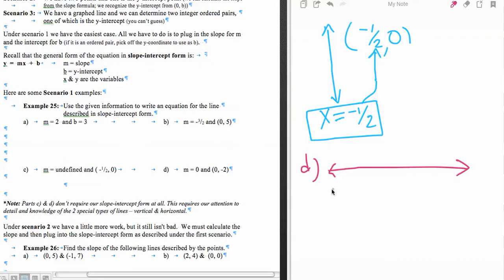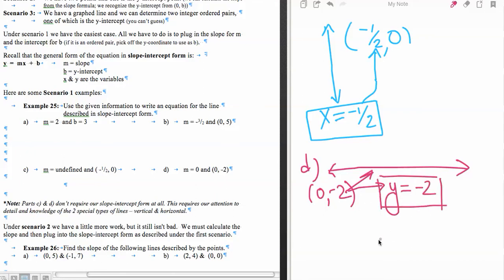And then once we see that our line is horizontal, it doesn't matter if we're given the y-intercept or not. We could be given any ordered pair, but when we know it's a horizontal line, we know that this y is the thing being specified. So we know y equals negative 2. And so that is our equation in that particular case.